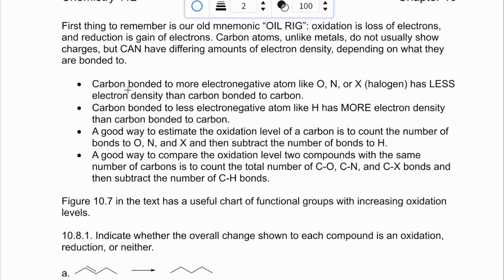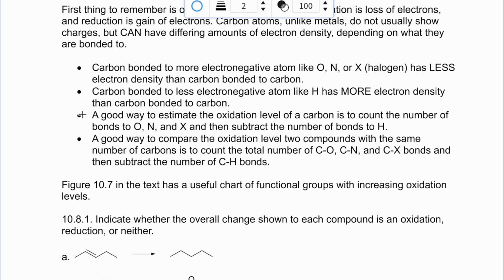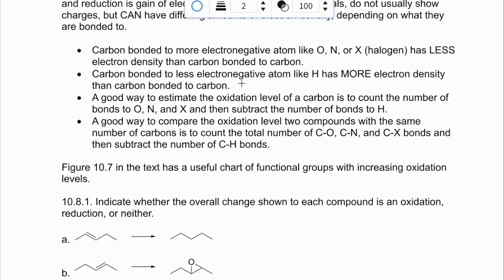But carbon can lose electron density by having a bond with a more electronegative atom, like oxygen, nitrogen, or a halogen. A carbon could gain electron density by having a bond to hydrogen. So a carbon-hydrogen bond has more electron density on the carbon. A carbon-oxygen bond or a carbon-halogen bond has less electron density on the carbon.